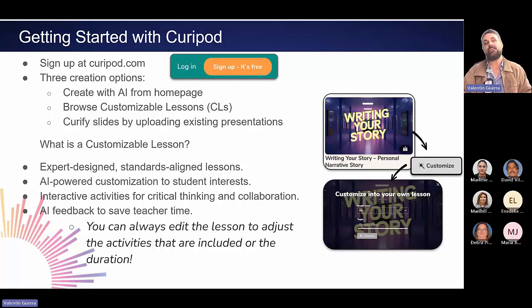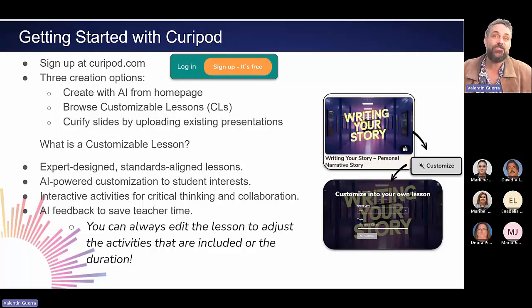So when I say customizable lesson, what is it? The lessons that are created already by the Curipod team are expertly designed and aligned. They allow for customization with AI, and they're interactively done, so it allows for student collaboration and critical thinking.